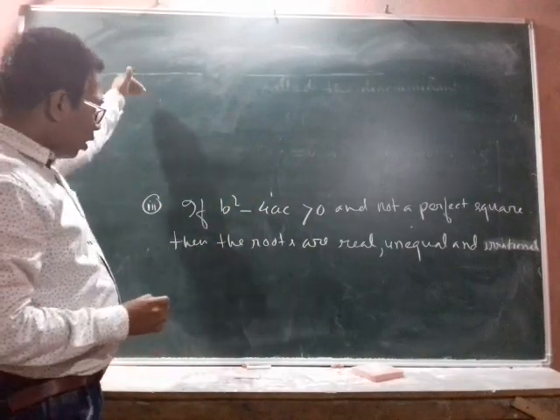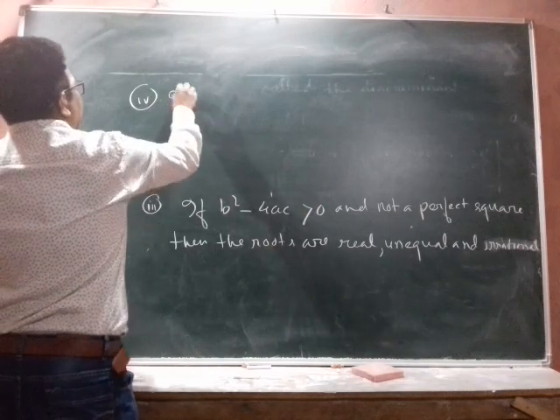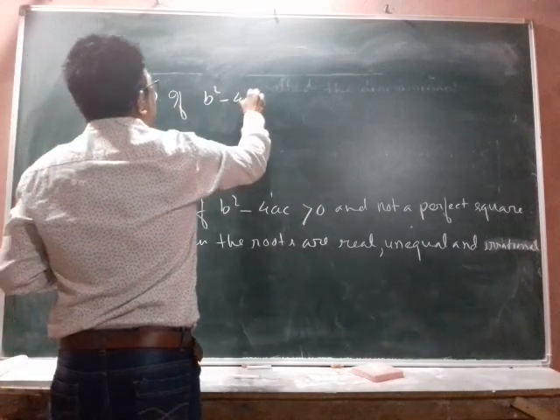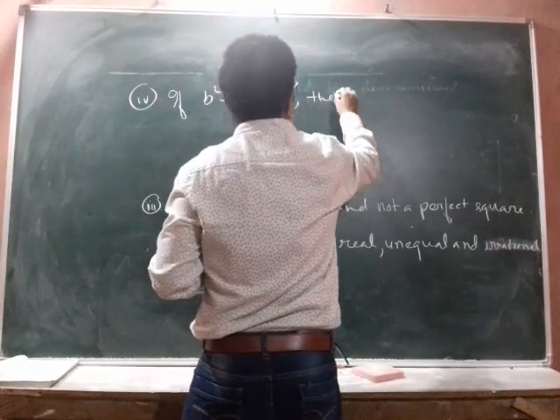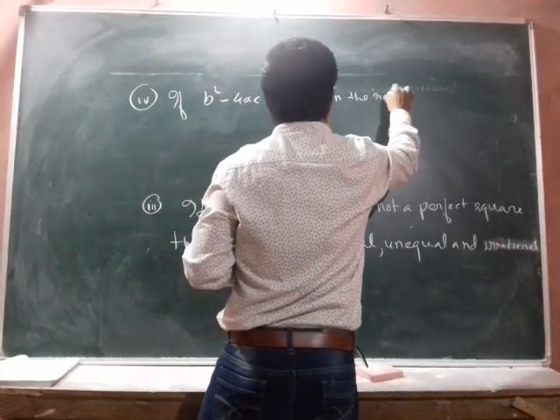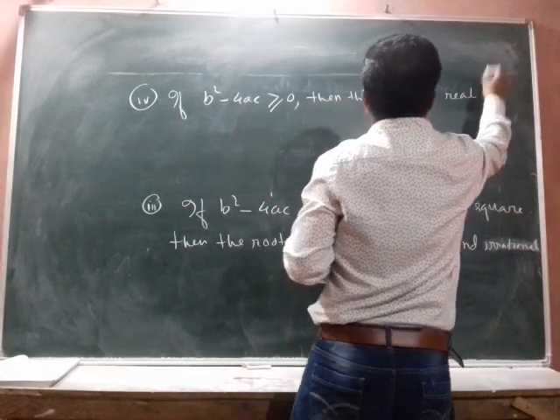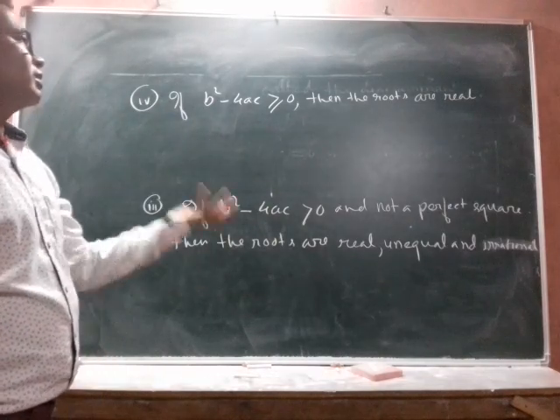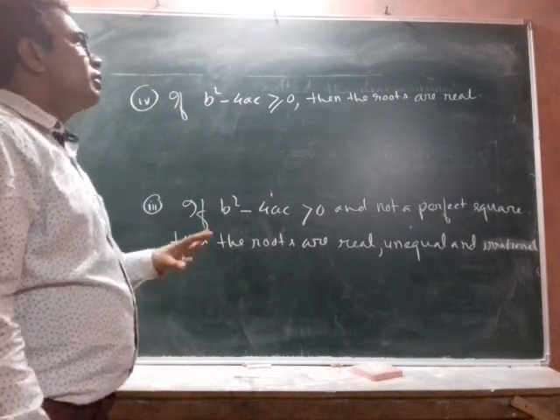If we combine all these three, we get another point. If b square minus 4ac greater than equal to 0, then the roots are real. If b square minus 4ac is greater than equal to 0, either equal to 0 or greater than 0, then the roots are simply real.